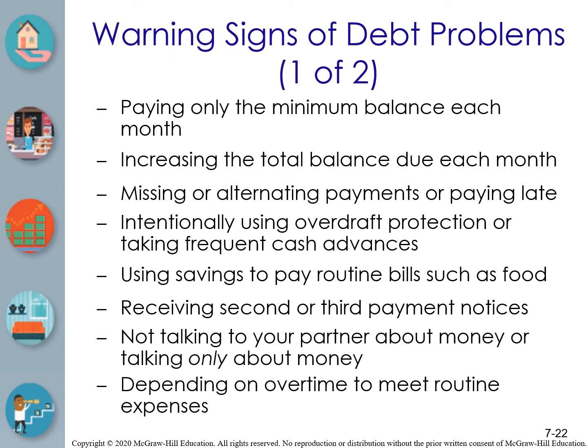At any rate, warning signs of debt problems. These are the red flags, if you will, that pop up. Paying only minimum balances each month on credit cards, that we've already talked about. That's a dead end, if you will. Sometimes you have months where you can only pay the minimum amount, and that's fine.